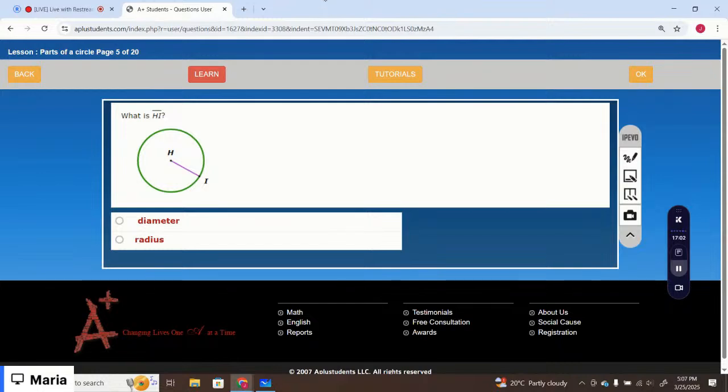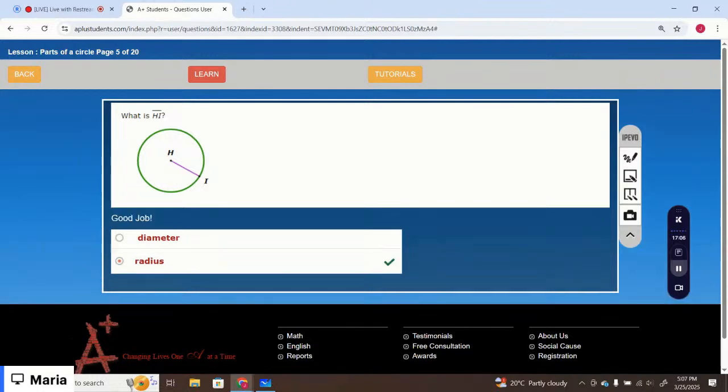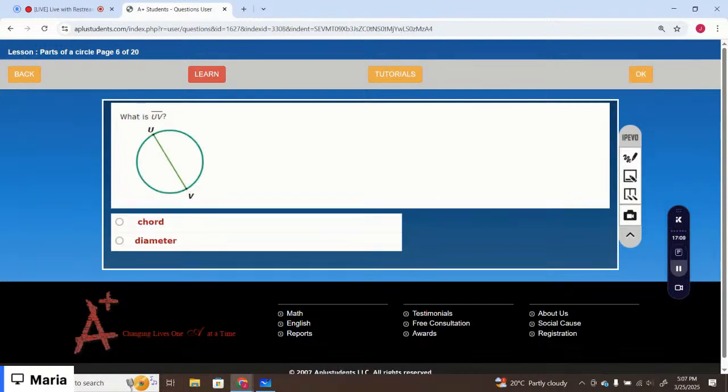HI is the radius of the circle. Option number two is the correct option.